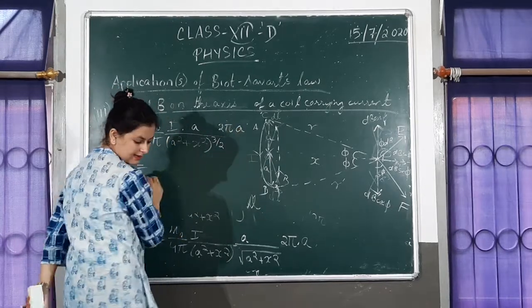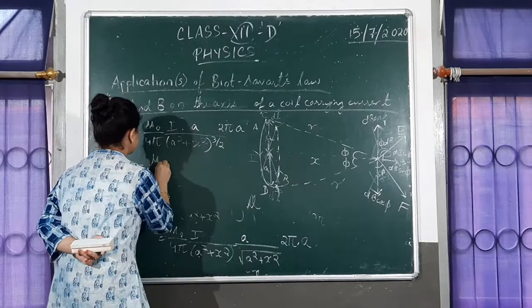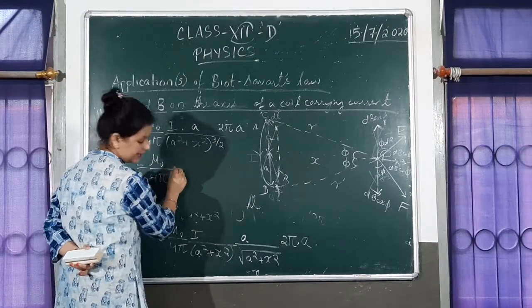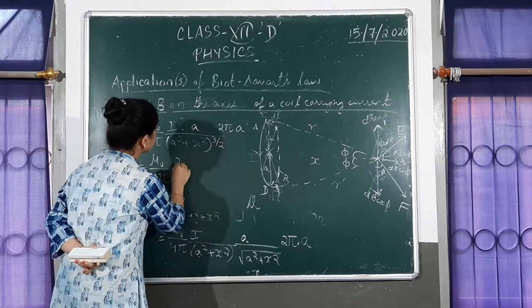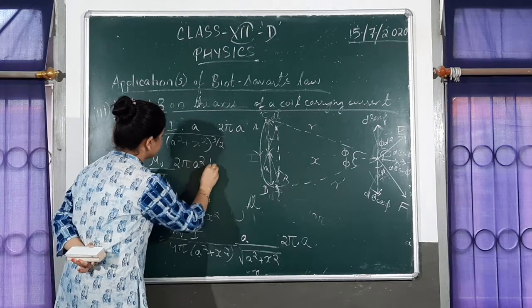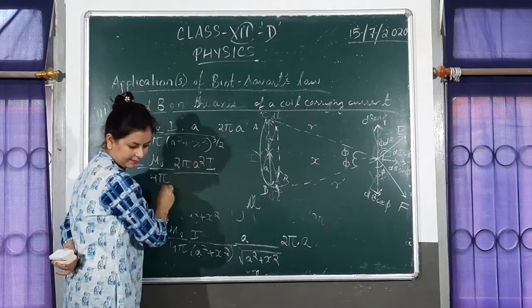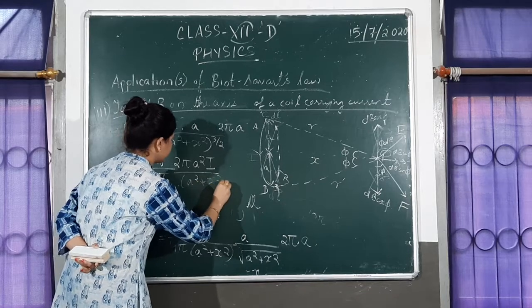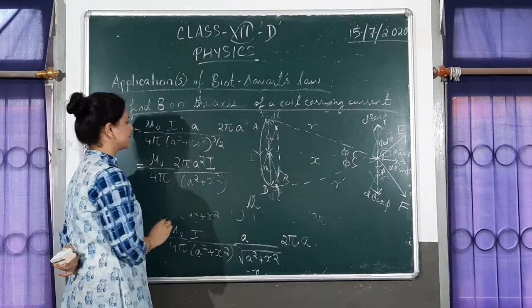If I write it in a simplified expression, mu naught by 4 pi, you will be getting 2 pi a square I divided by a square plus x square to the power 3 by 2. This is for one turn.